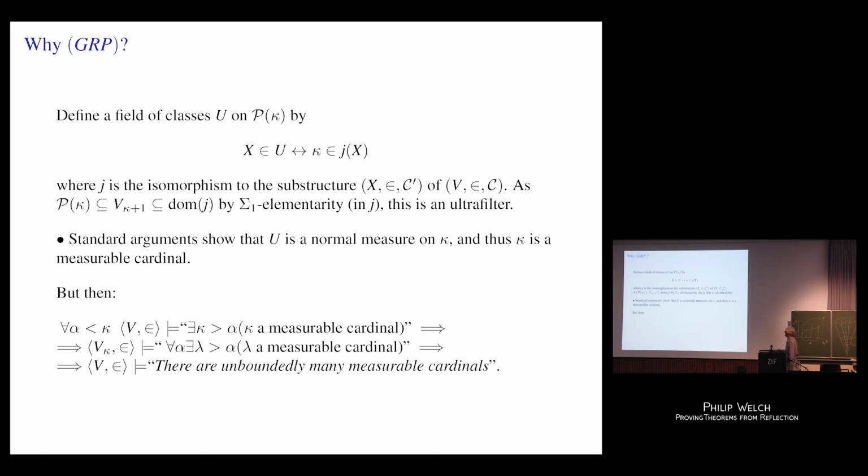Once you've got this, alpha on the previous page has become a kappa here. What you've then got is that if V thinks that this kappa is a measurable cardinal, it's elementary to say that there must be unboundedly many of them throughout the universe. Right? If you've got one that's this reflection point, they're everywhere.